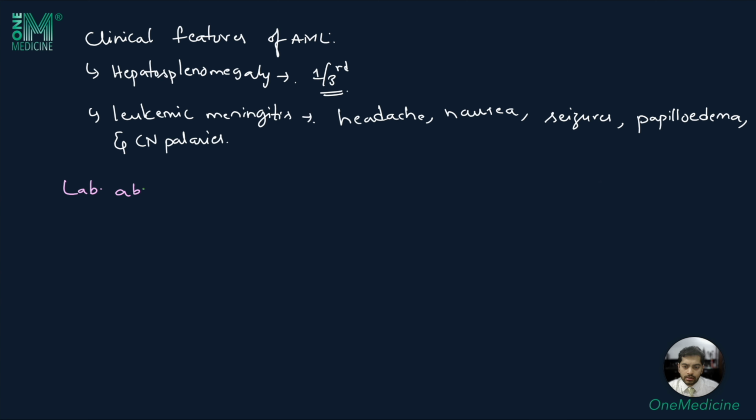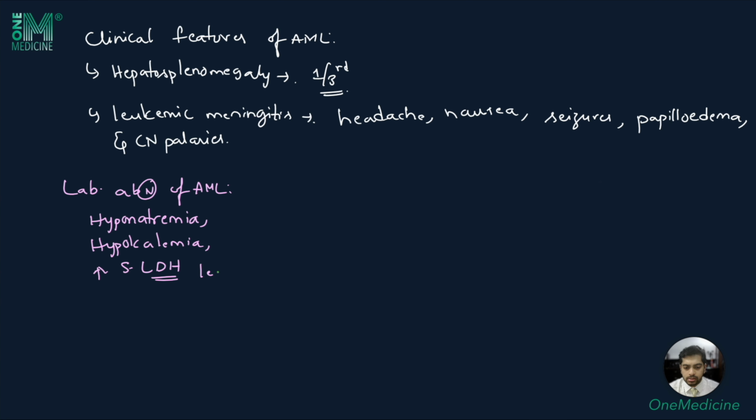Laboratory abnormalities of AML include hyponatremia, hypokalemia, increased serum lactate dehydrogenase or LDH levels, hyperuricemia, and even lactic acidosis can be seen.